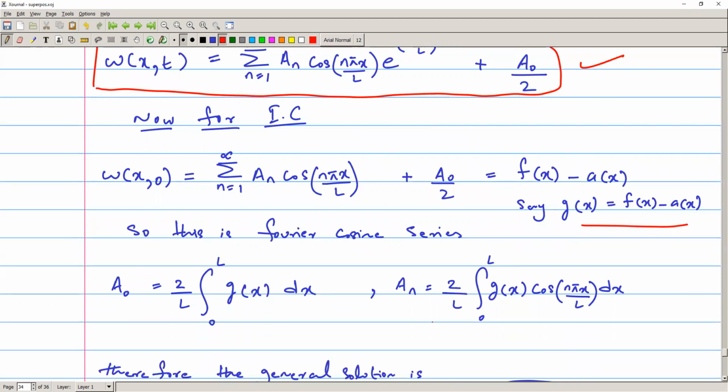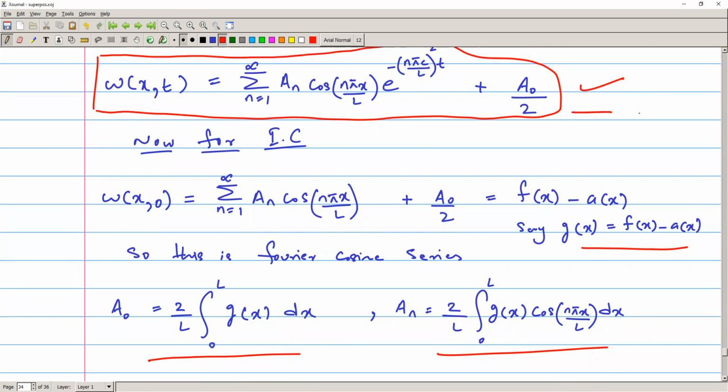So now we can find A naught and An, these are the coefficients of the Fourier cosine series, right? We can find them easily by using the integration, right? And then substituting in the original equation, we can call it equation number 2, right?